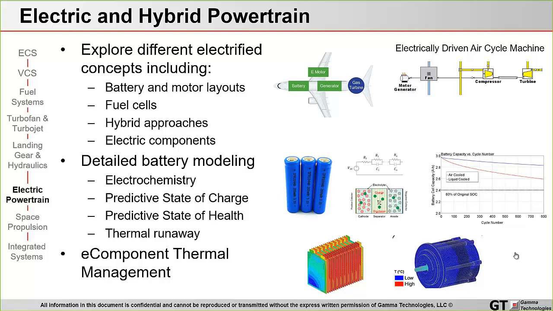With a predictive model, you can predict the state of charge over a flight mission, for example. But it also allows you to predict aging characteristics and the state of health of the battery over time, to allow users to, for example, optimize the state of health to get the battery to last as long as possible.